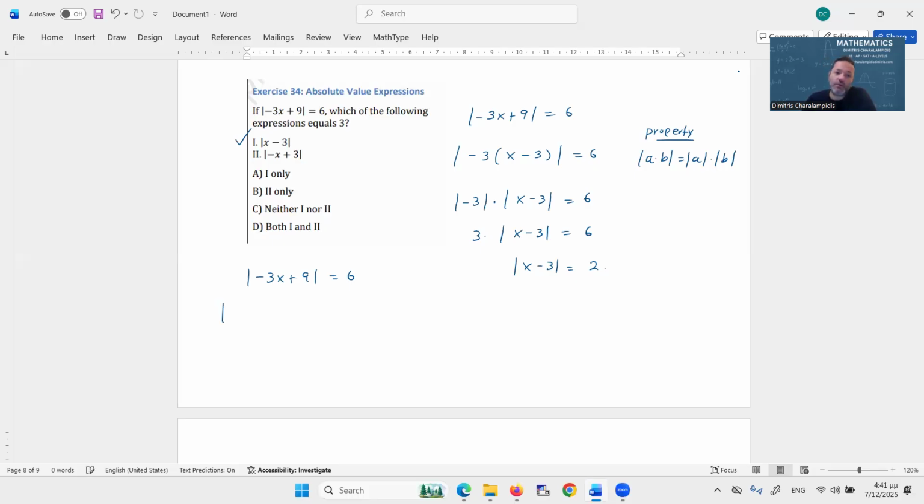So, now I'm going to write it as 3 times negative x minus 3 equals 6, which means absolute value of 3 times absolute value of minus x minus 3 equals 6. So 3 times minus x minus 3 is 6. So minus x minus 3 should be 2. But that's not equal to 2.